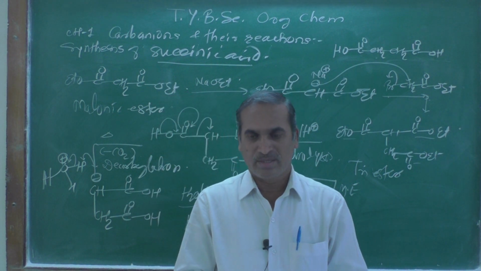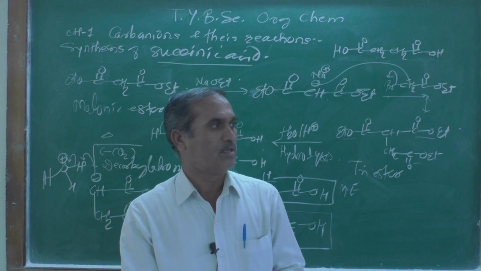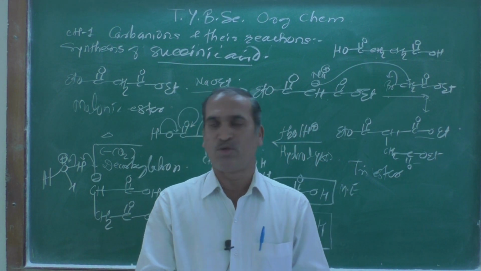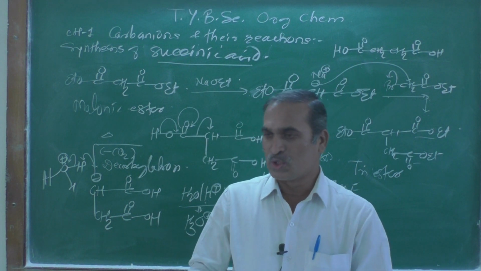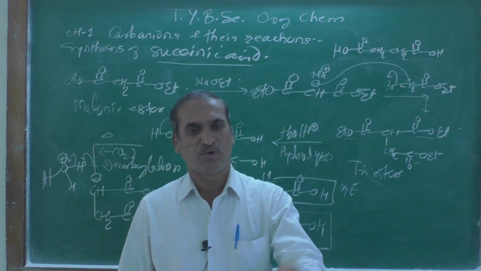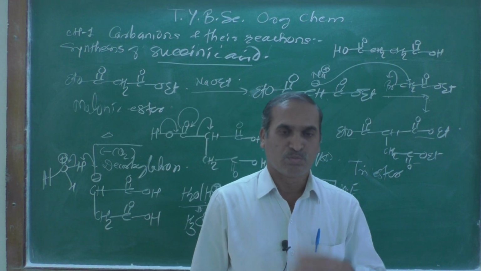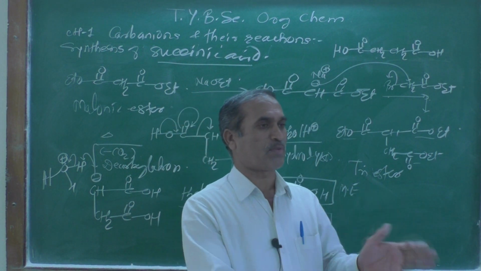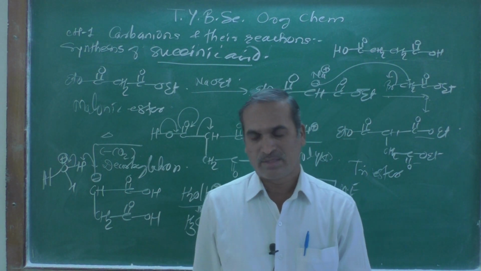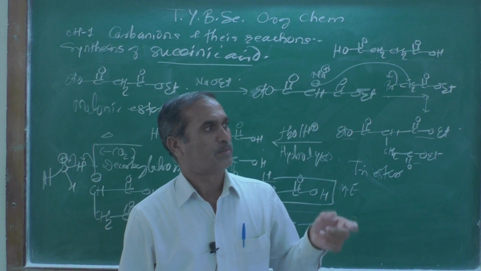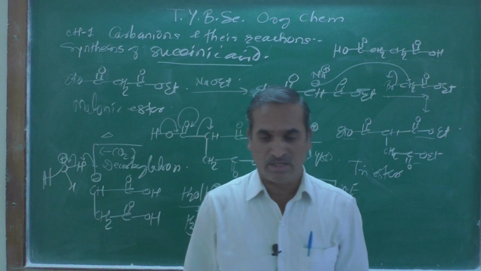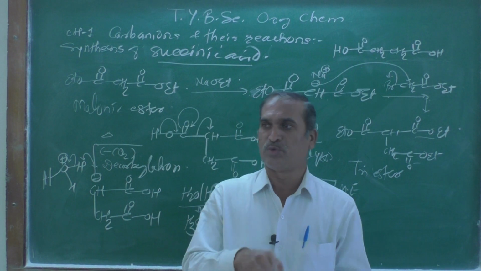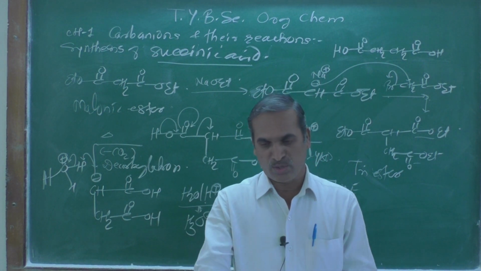Suppose, how will you prepare succinic acid in the laboratory using malonic ester, or how will you prepare propionic acid using malonic ester, or how will you prepare 2-methyl butanoic acid using malonic ester, or starting from malonic ester, how will you prepare cyclopentane carboxylic acid, or how will you prepare cyclobutane carboxylic acid using malonic ester?